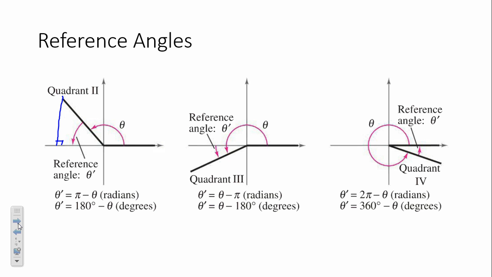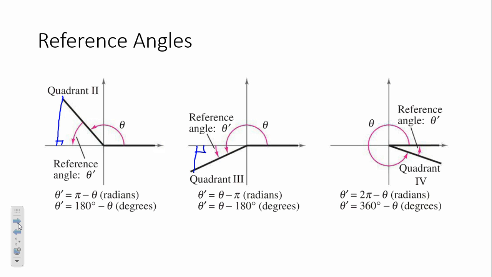It's 180 degrees or pi minus whatever this is for the reference angle. Okay? For the second one, if our angle is in the third quadrant, then it's like dropping a perpendicular to the x-axis again. And if we take theta minus pi or theta minus 180, that gives us our theta prime that we're looking for. Okay, our reference angle.